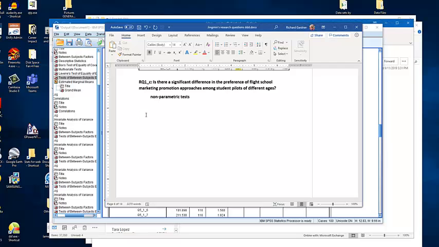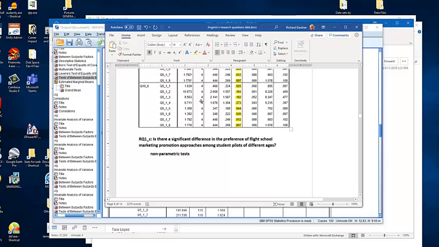Here, let's do as many as we can till 5 o'clock, and then you can go eat. Thank you. So, is there a significant difference in preference of flight school marketing approaches? Promotion? Oh yeah, I have so many. Are these still the 511 through 518? That's what we just did, isn't it?